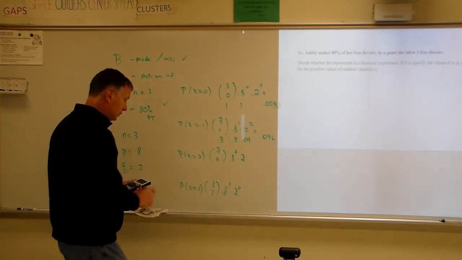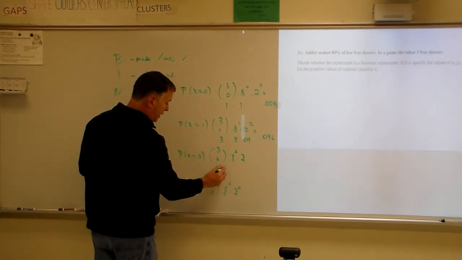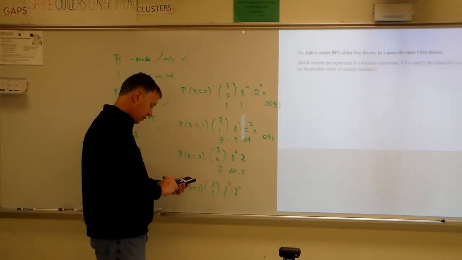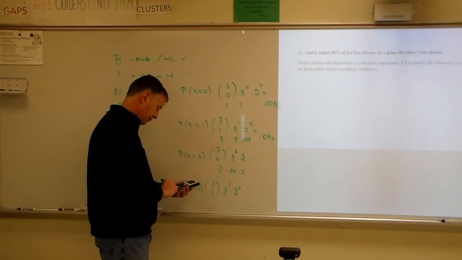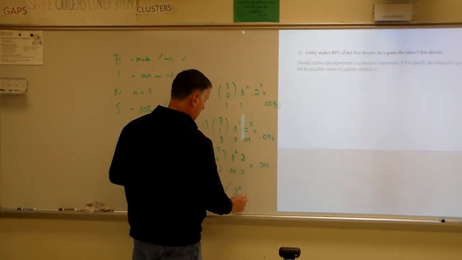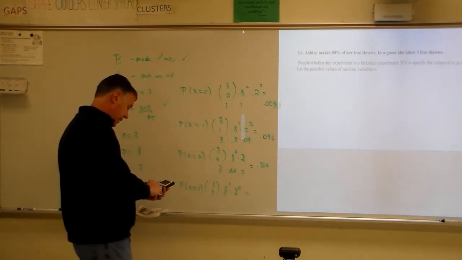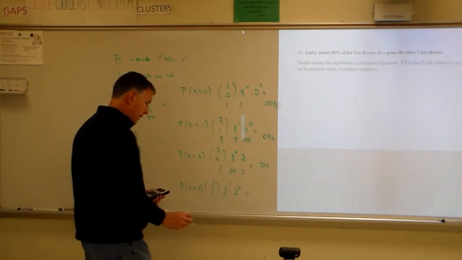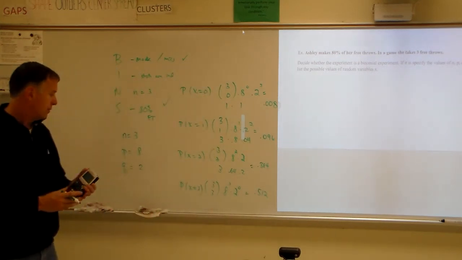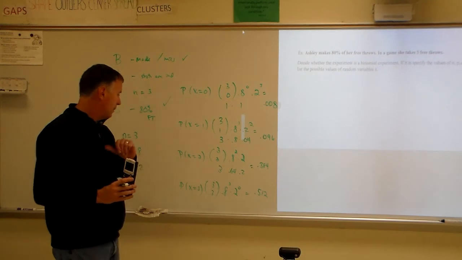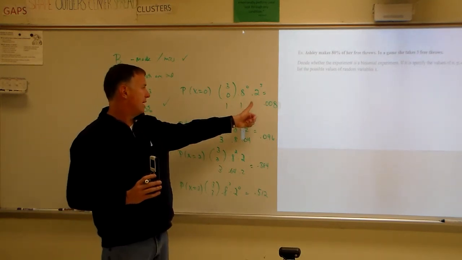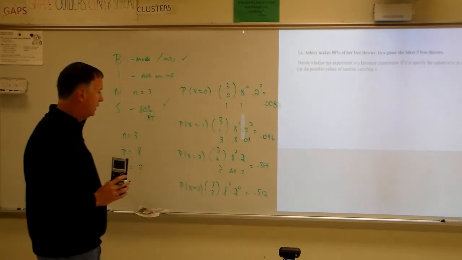The next one, this is also 3 times 0.64 times 0.2, 0.384. And then we have 0.8 to the third, and that's 0.512. Okay? So the probability that she makes all 3, the probability that she makes 2 out of 3, the probability that she makes 1, the probability that she makes 0. Okay?